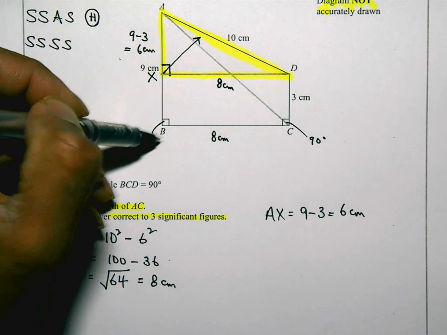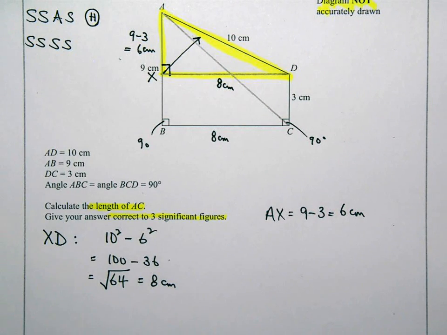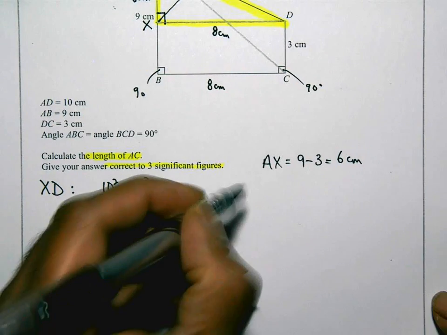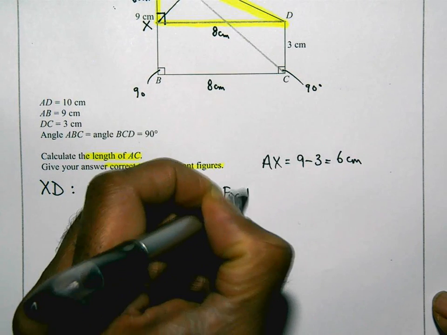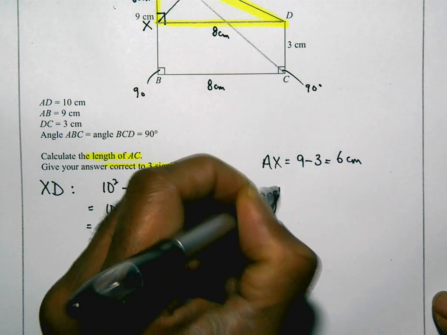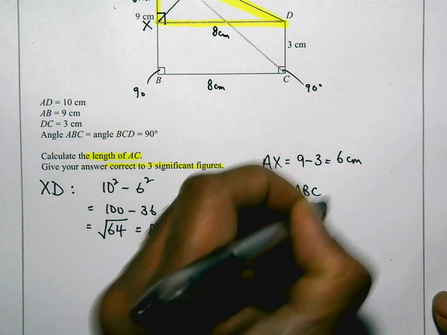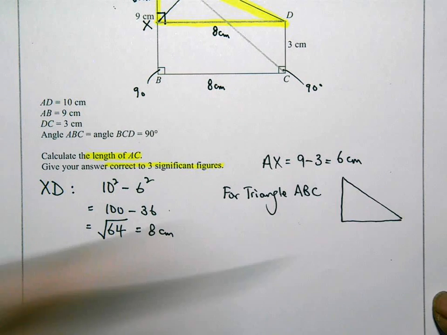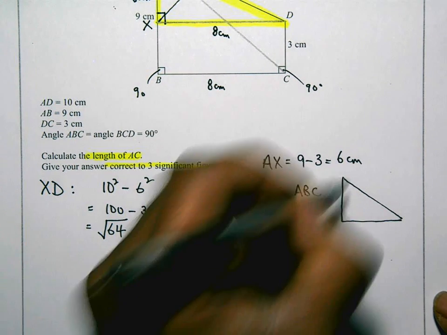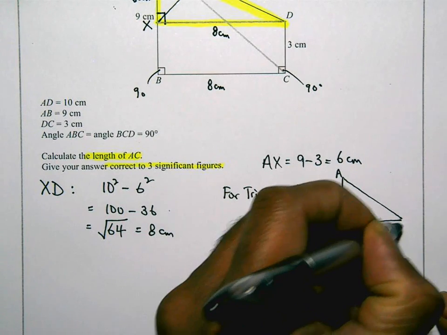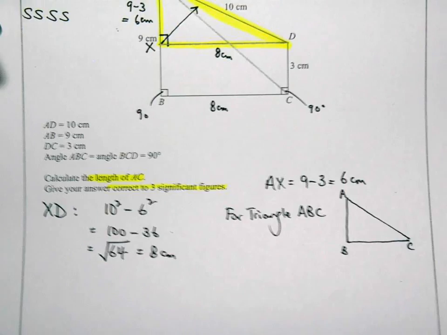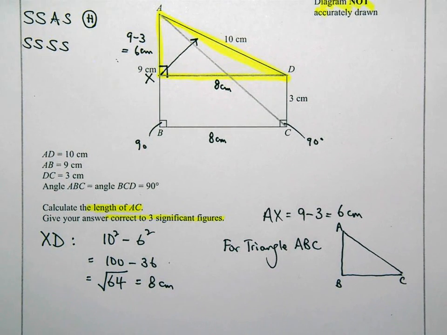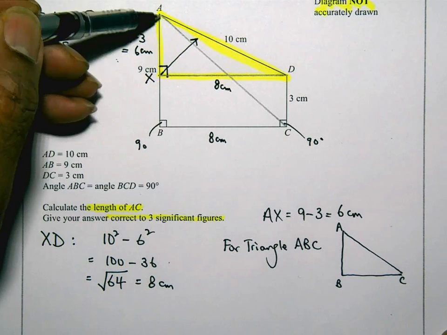Okay, so now looking at triangle ABC, if I draw that separately, making sure I show the whole of that triangle, AB, this whole distance here, is 9 centimeters.